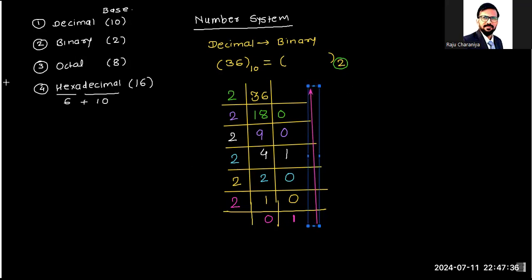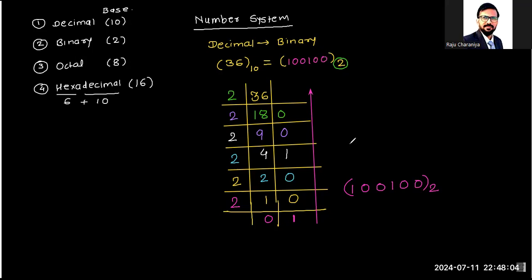The number we got is 1 0 0 1 0 0. So this is the binary number we got for 36: 100100.